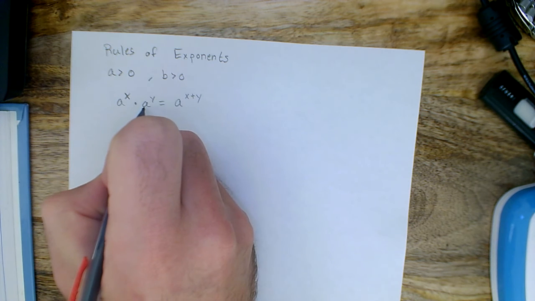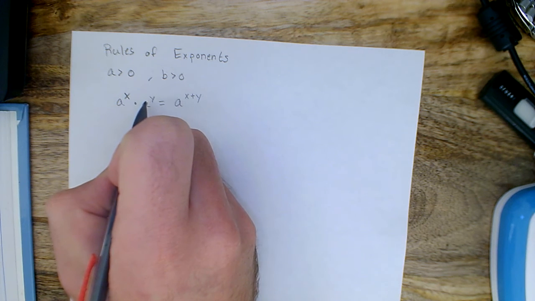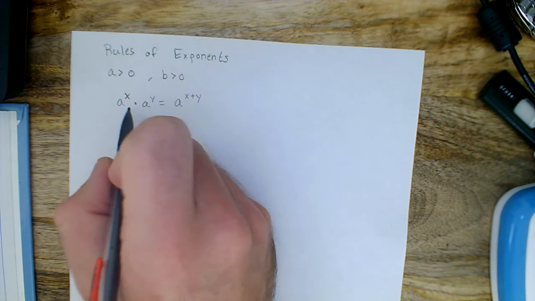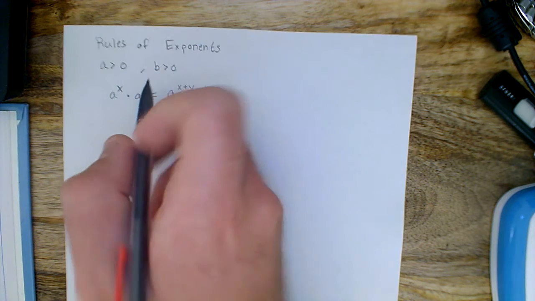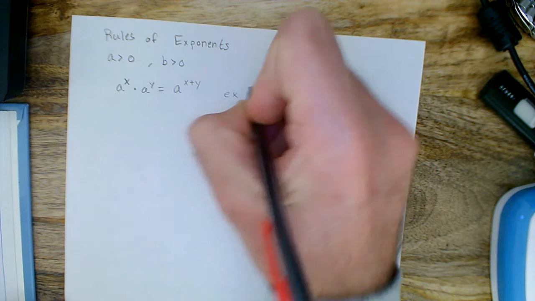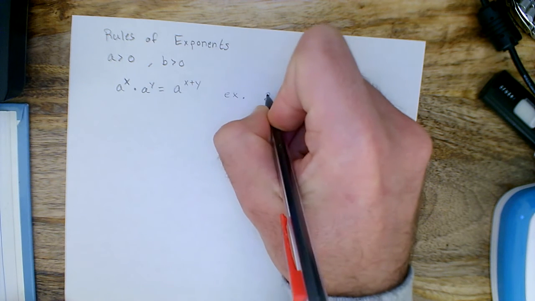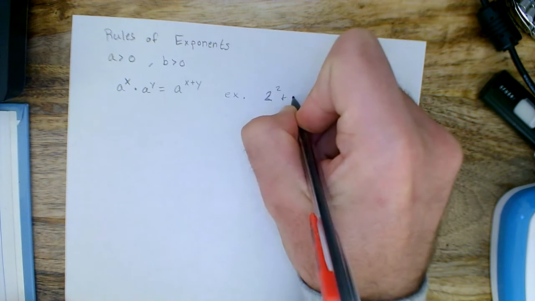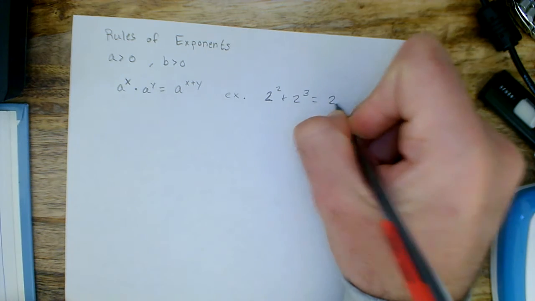So if you have the same number to one exponent times that same number to another exponent, you can add the exponents when these two numbers are multiplied. So an example is 2 squared times 2 cubed is equal to 2 to the 5th.